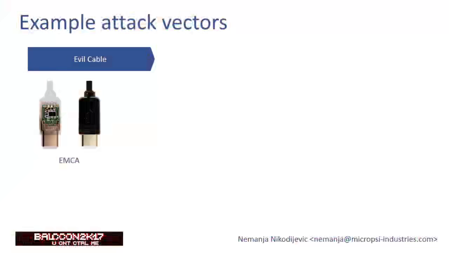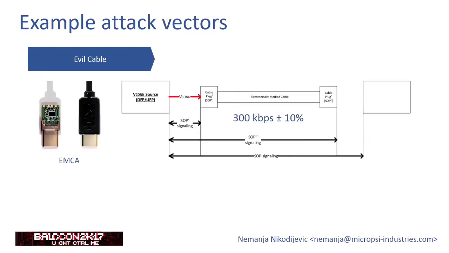So these cables are so-called electronically marked cables, because this electronic marking stores information about, for example, the maximum current that can pass through the cable and other stuff. And this is how they look from the inside.